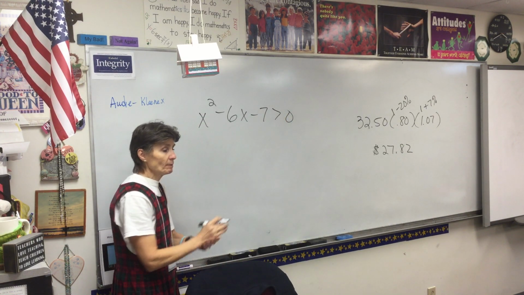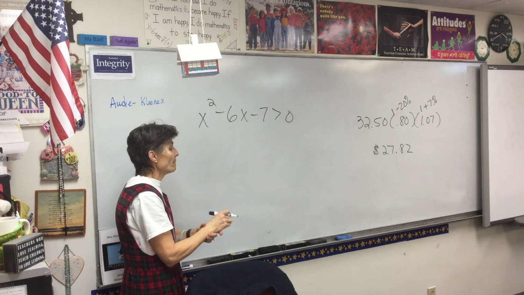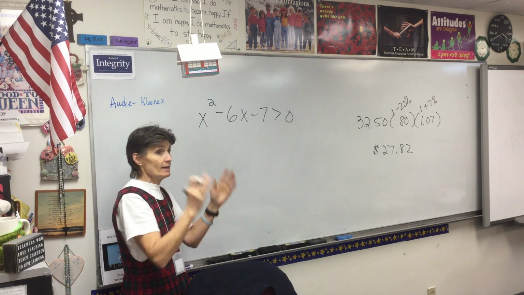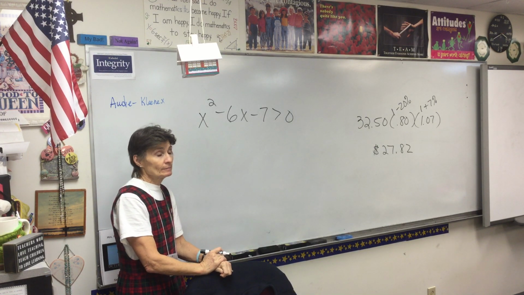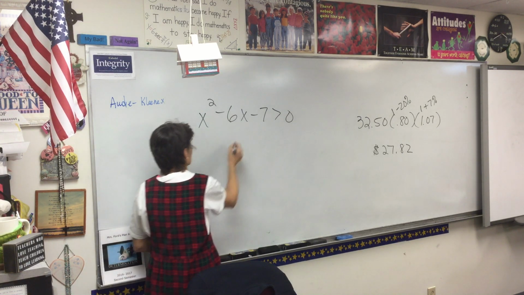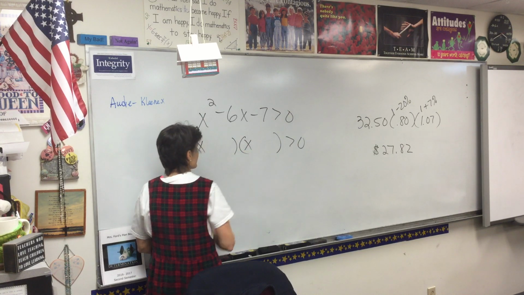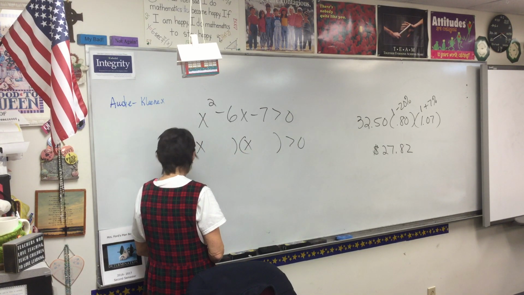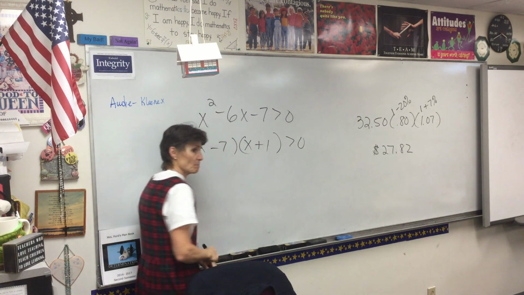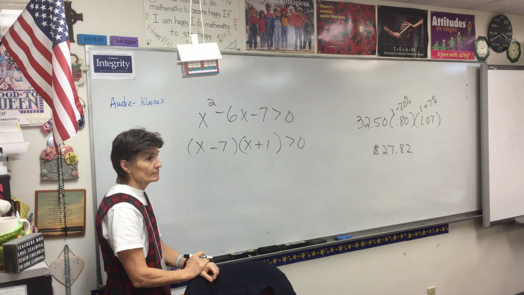All right, last problem, here we go. You look at this problem and the first thing that should pop into your mind is, it factors. How does that factor? 7 and 1, x minus 7, x plus 1.